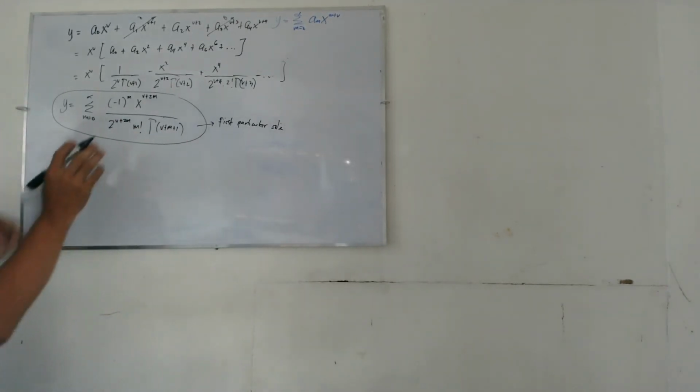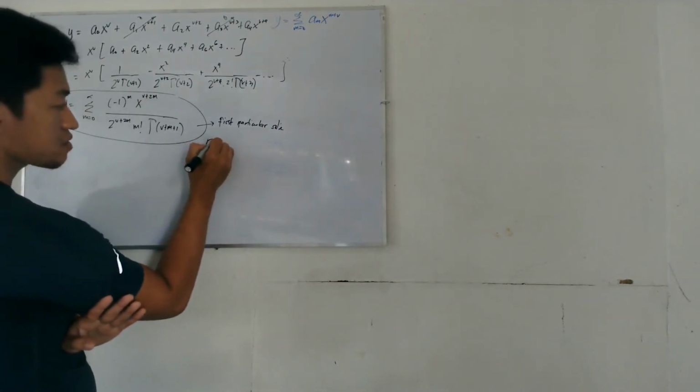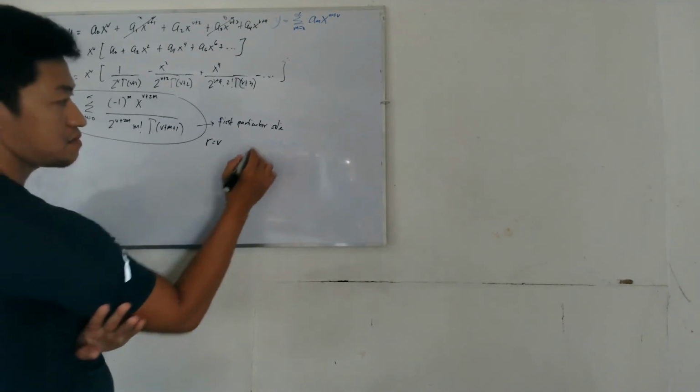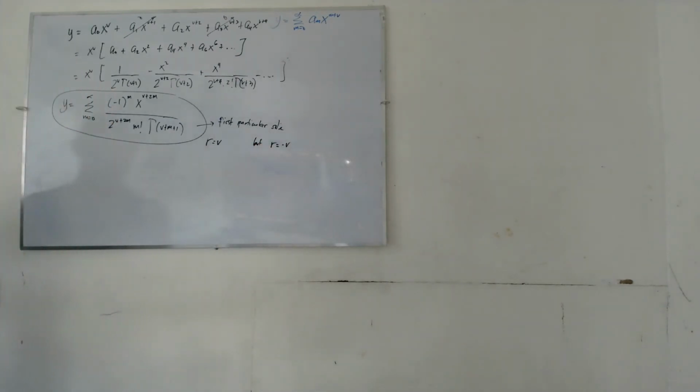Okay, so mao na ni ang imo ang first solution when r equals to v, but naa man kay other solution, r equal to negative v.